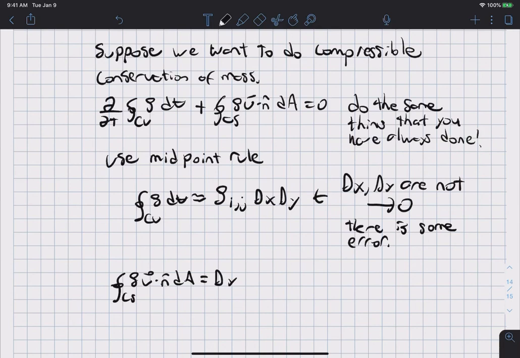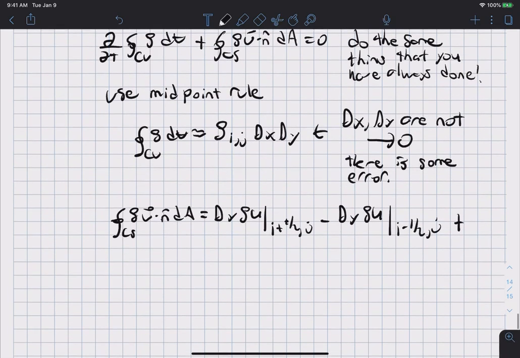You guys have done this about a bajillion times, times rho u at i plus 1/2 j, minus delta y rho u at i minus 1/2 j, plus delta x rho v at i j plus 1/2, minus delta x rho v at i j minus 1/2.